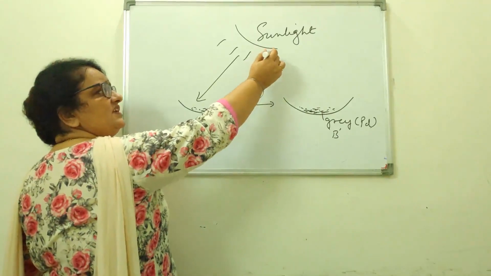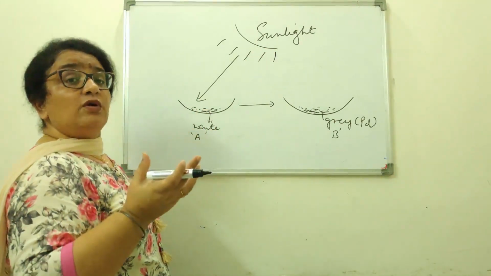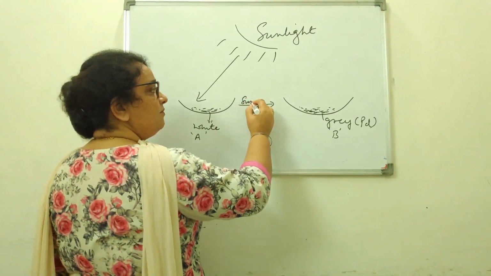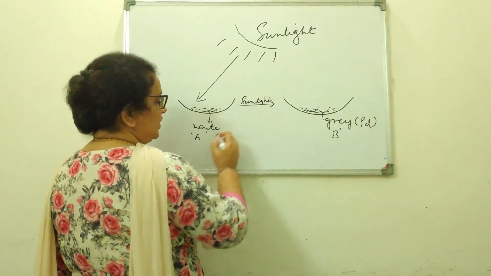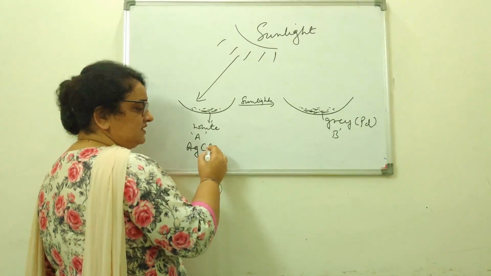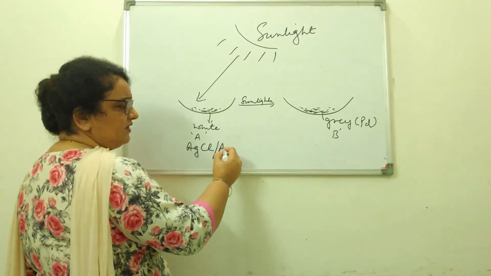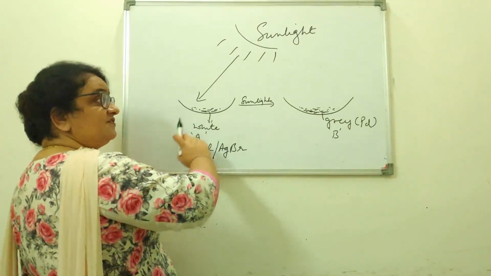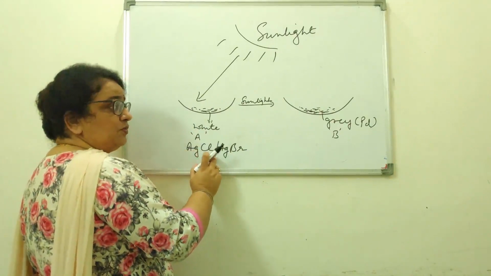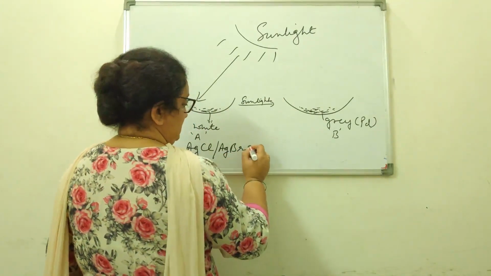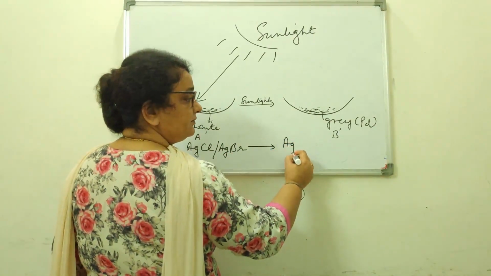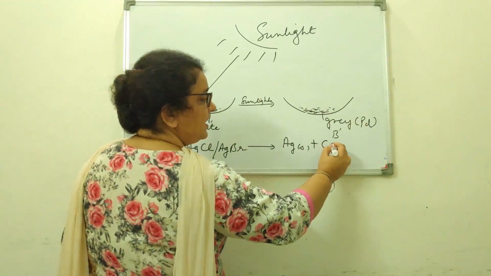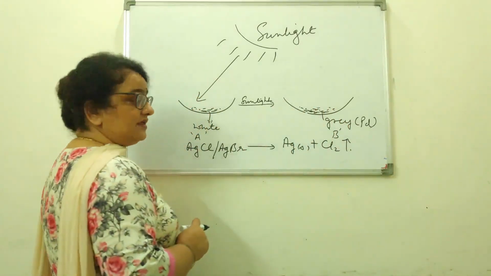As the sunlight indicates, when a salt is exposed to sunlight, that is photolytic decomposition. It is nothing but silver chloride, AgCl. You can also write silver bromide. Clear? On exposure to sunlight, it decomposes into silver, which is a grey color powder, with the evolution of chlorine gas.